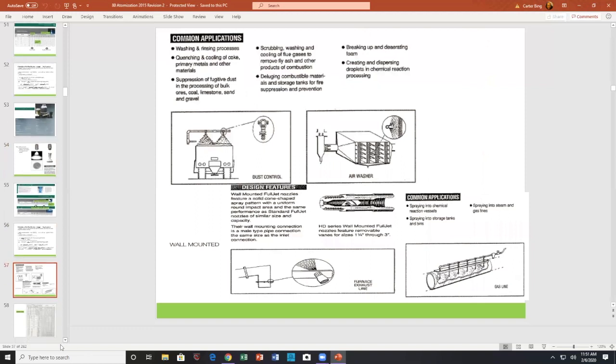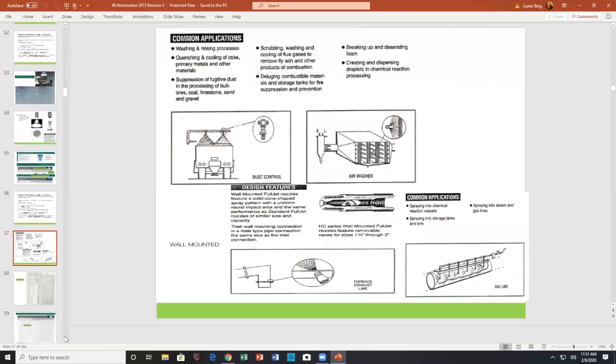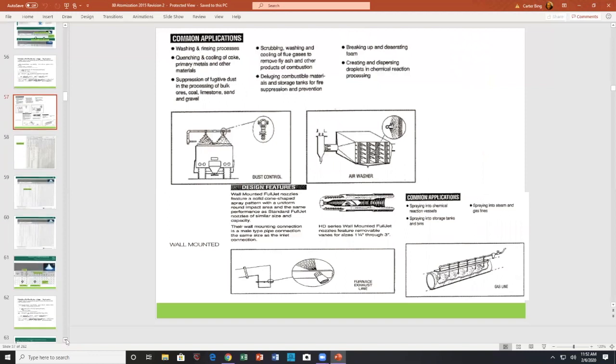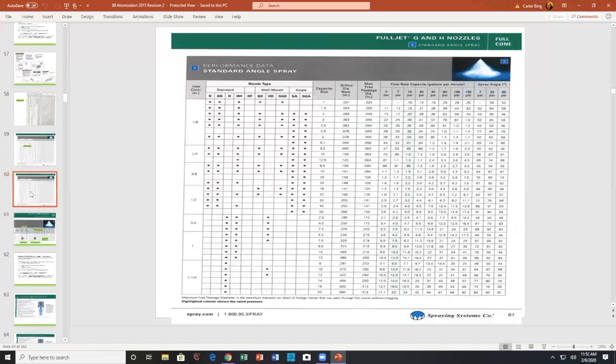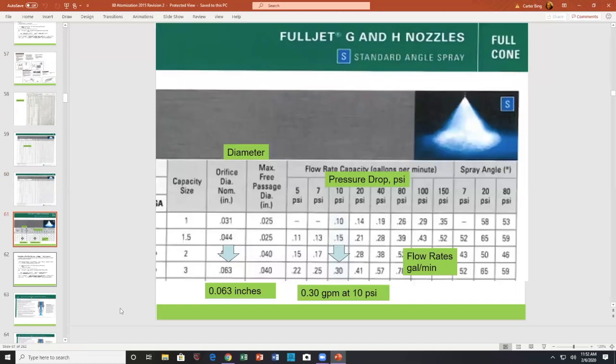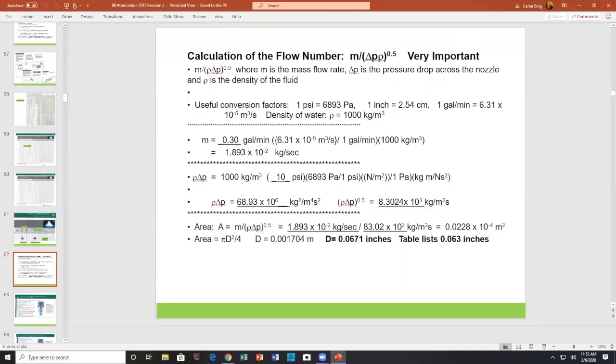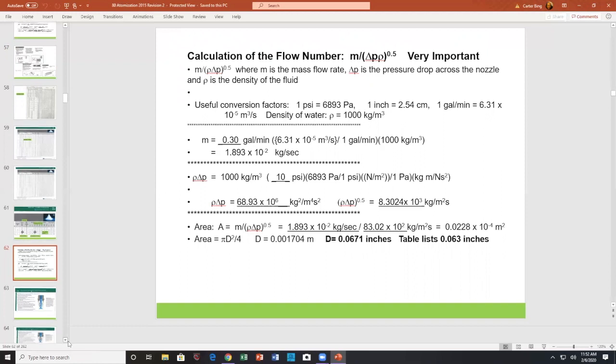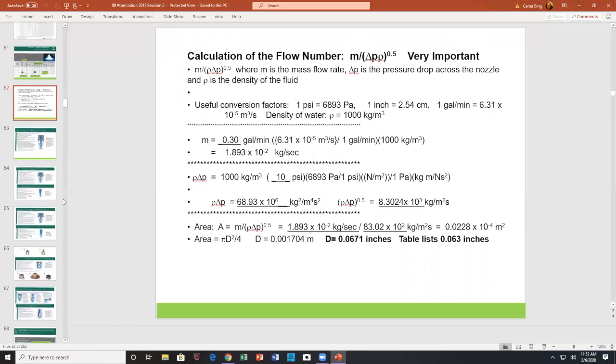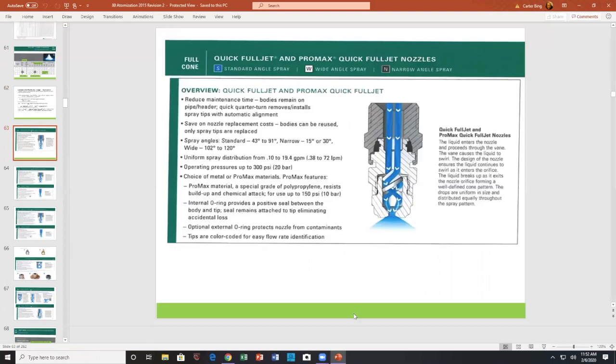Applications. We'll jump ahead again, nothing much there. Let's try full cone again, just do that. Ah, look at that, we already did that slide, sorry. You get a picture of what you could have upstream.